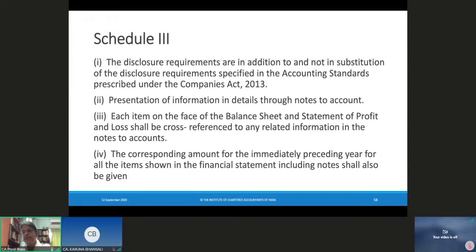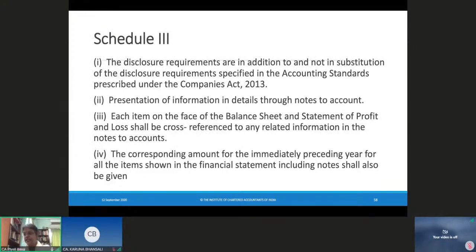Accounts cannot be reopened if they are already adopted. It is filed. Income tax returns have been filed. The accounts have been adopted, and we have moved along. So the previous period's accounts cannot be opened just because some mistakes were there. It cannot be opened just like that. And one cannot go back.